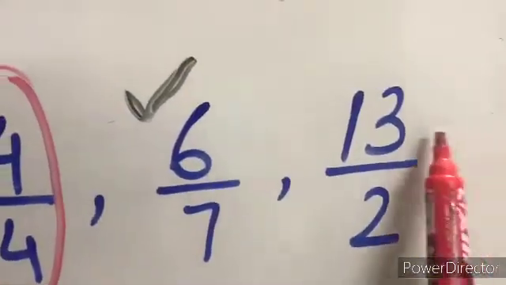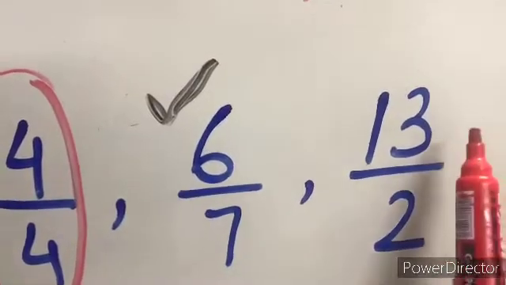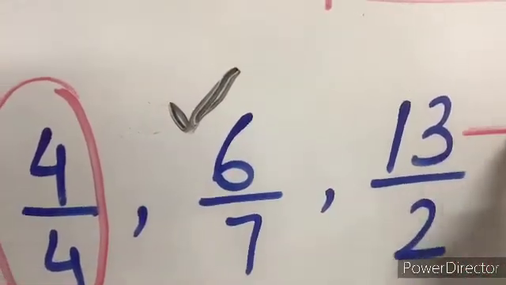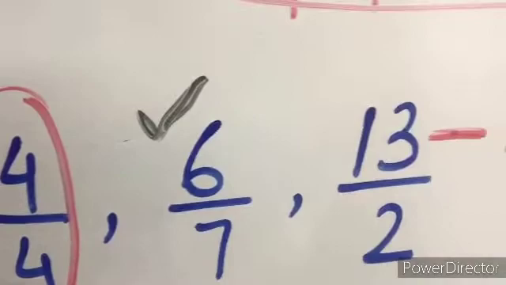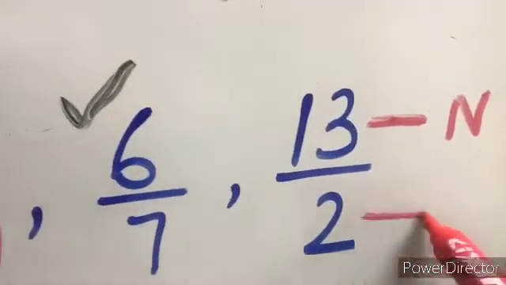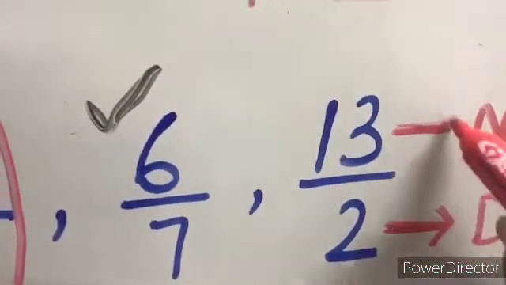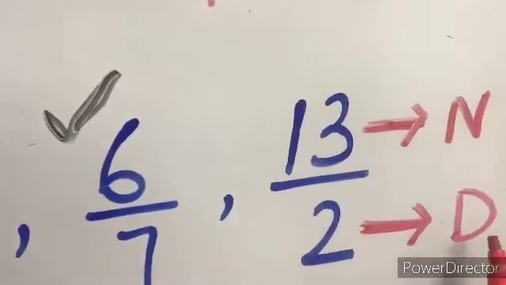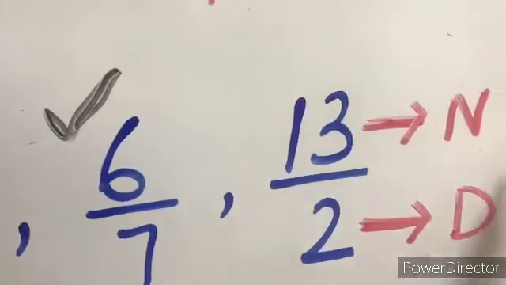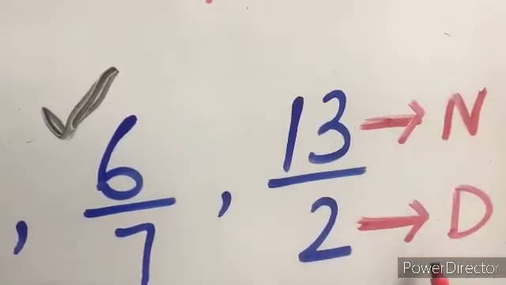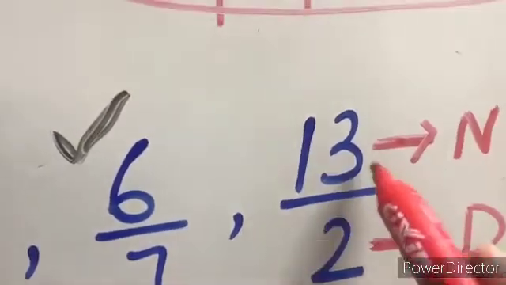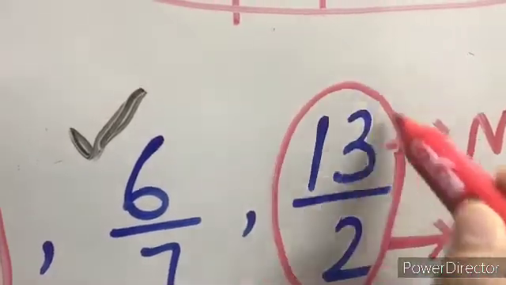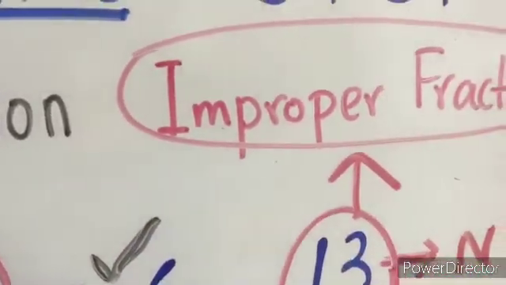This says 13 by 2. 13 is the numerator. See, the upper part is known as numerator and the down part is known as denominator, D for down and D for denominator. So upper part is numerator and the down part is denominator. Whenever the numerator is greater than the denominator, that is an example of improper fraction. Got it?